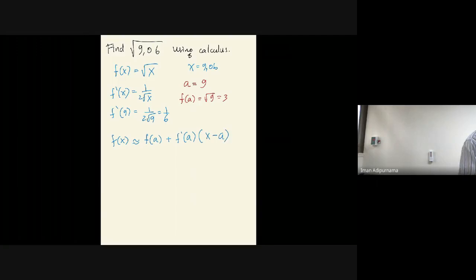Then we just need to plug in the numbers that we want to evaluate. So f(a) is just 3 plus 1 over 6, and x minus a is 0.06.